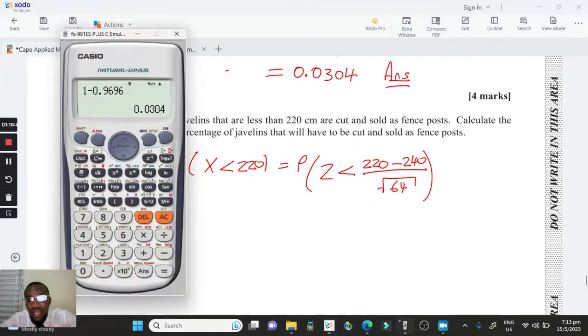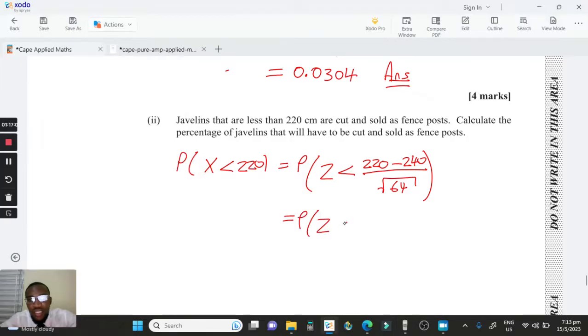Punch that in the calculator. 220 minus 240, and we divide that by the square root of 64. That's negative 2.5. I want to make sure I do that right. Negative 20 divided by 8. Yep, negative 2.5.